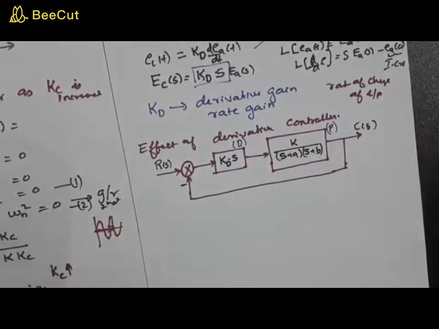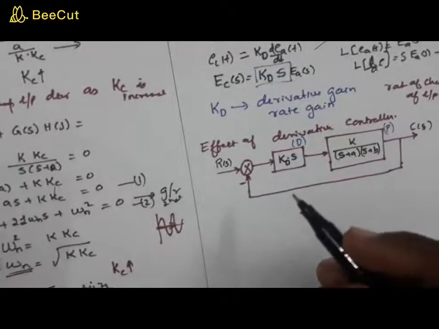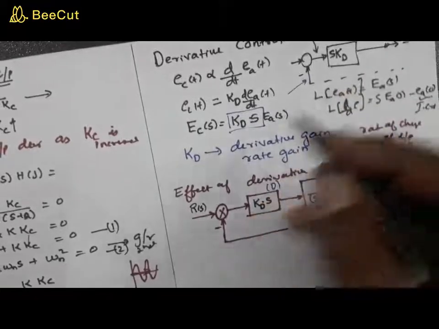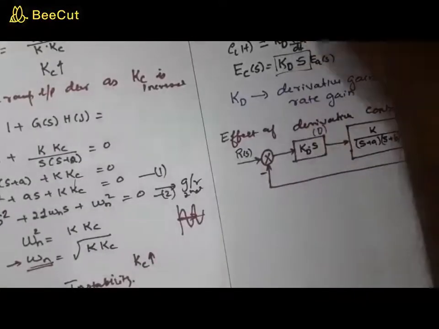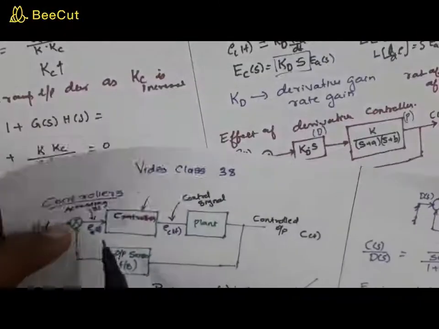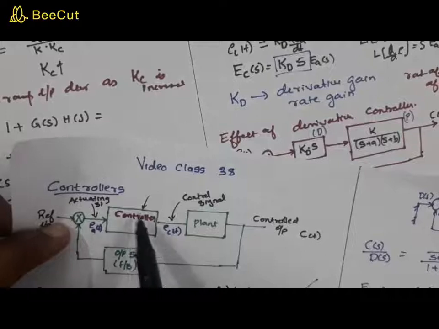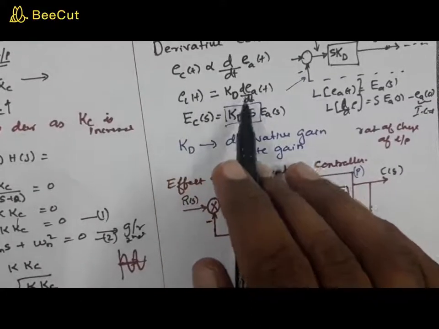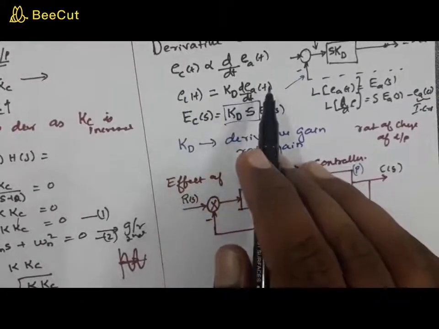Before going into the analysis, I would like to say something about this. What happens when the actuating signal is a constant? Suppose Ea of t is a constant and the controller that you use is a derivative controller. What is the output? The output is going to be Kd into the derivative of a constant, which is equal to 0.